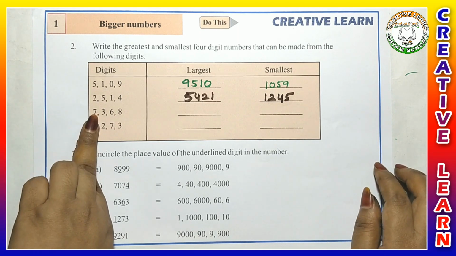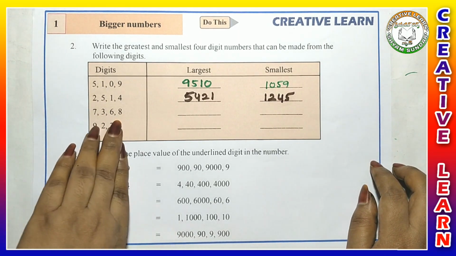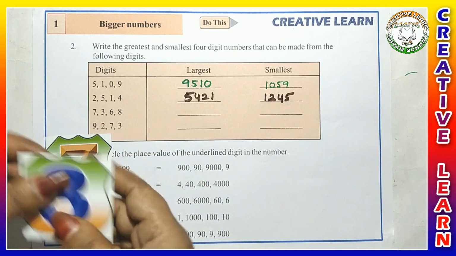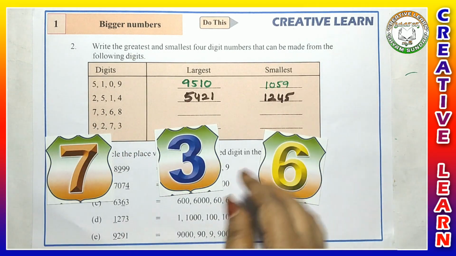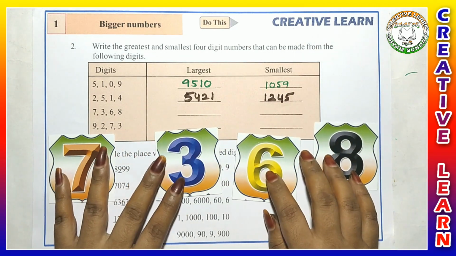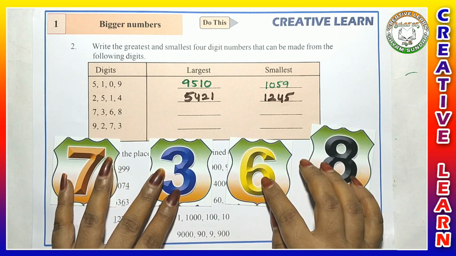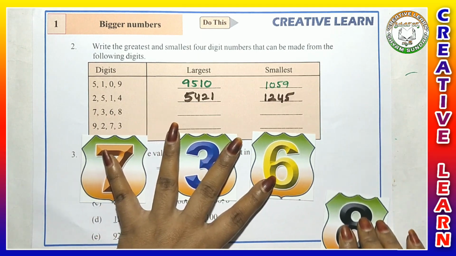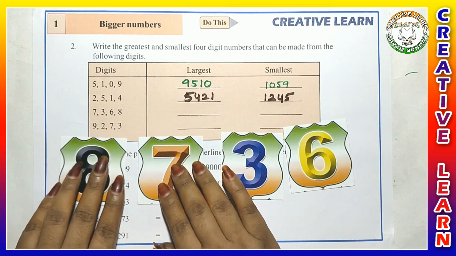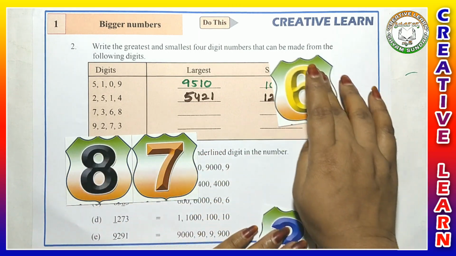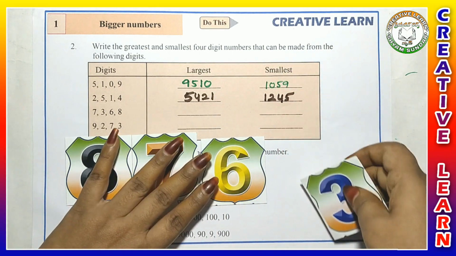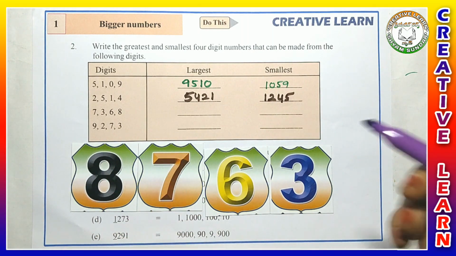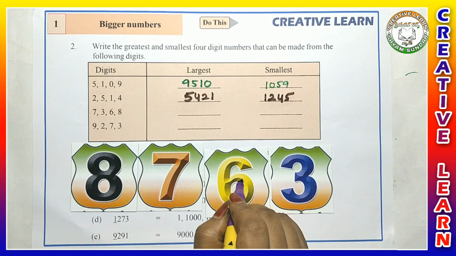Next, 7, 3, 6, 8. We have to form the largest number. So, take 8 in the thousands place, 7 in the hundreds place, 6 in the tens place, and 3 in the ones place. This is the largest number formed by 7368.